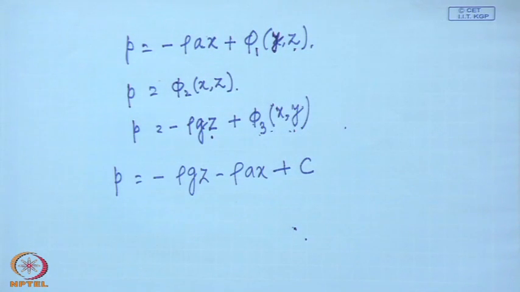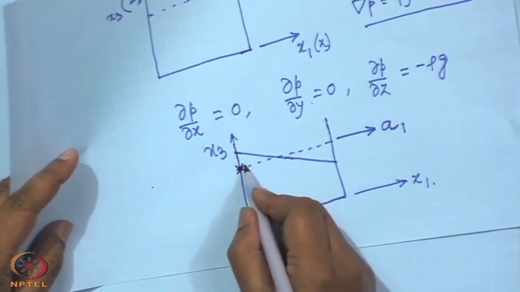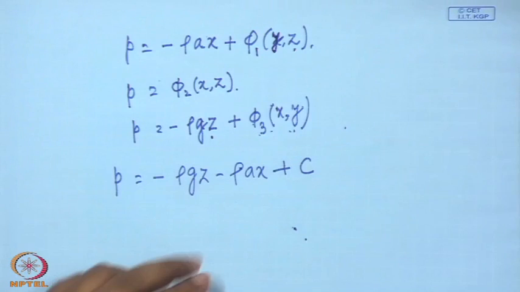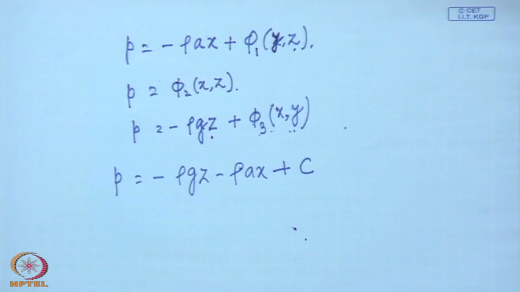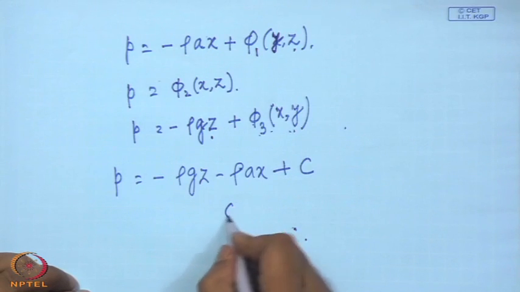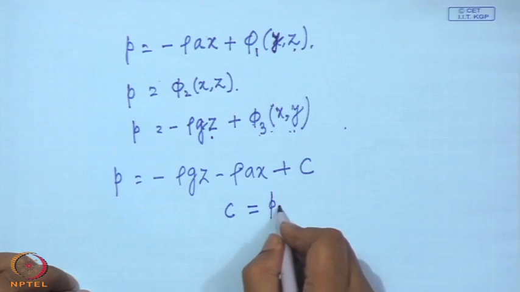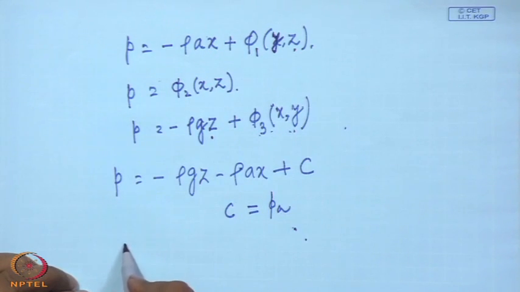The pressure of the atmosphere, if we consider atmosphere. Of course, we can take that to be 0 also. In that case, we will get what is known as gauge pressure. So, if we consider that at x equal to 0, z equal to 0, pressure is simply the atmospheric pressure, then from this relation C becomes the atmospheric pressure.